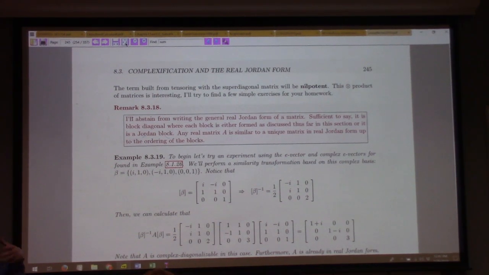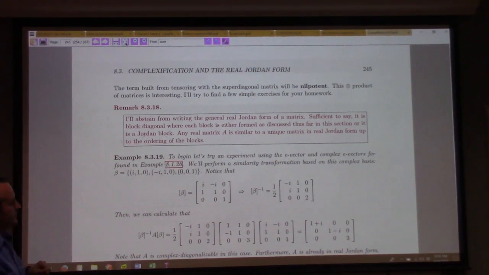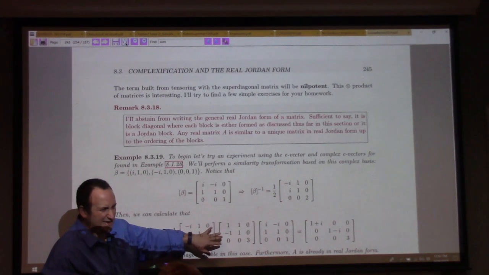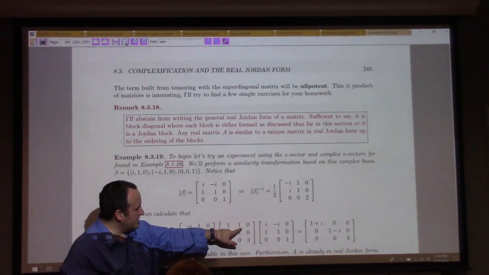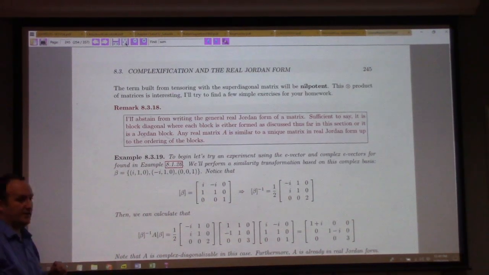Here is a specific problem. If we look back at example 8.1.26, which was basically to look at the eigenvectors, I think, of this matrix, 1, 1, 0, minus 1, 1, 0, 0, 0, 3, all right?